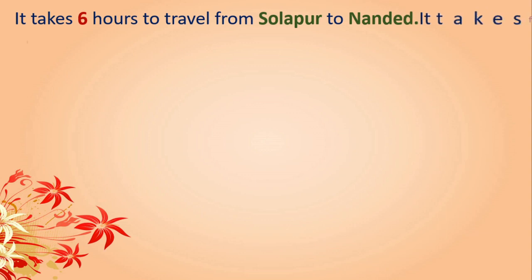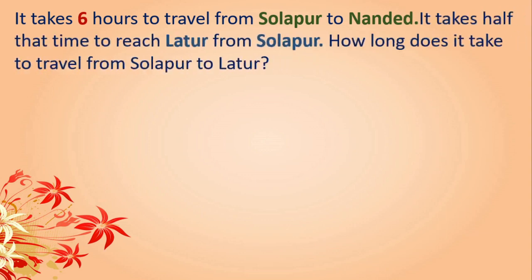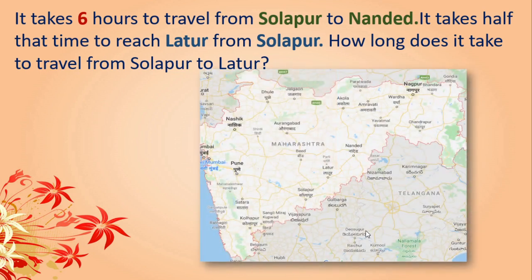It takes 6 hours to travel from Solapur to Nanded. These are cities of Maharashtra. It takes half that time to reach Latur from Solapur. See, this is the map. I will show you where Solapur is. See here, the red dot. This is Solapur. Try to understand the sum. It is a very easy sum. And here is Nanded.